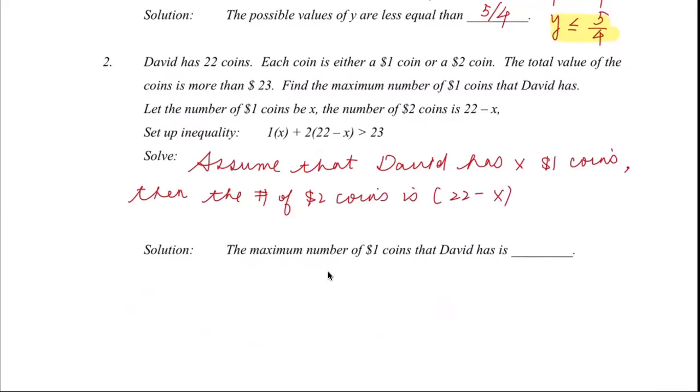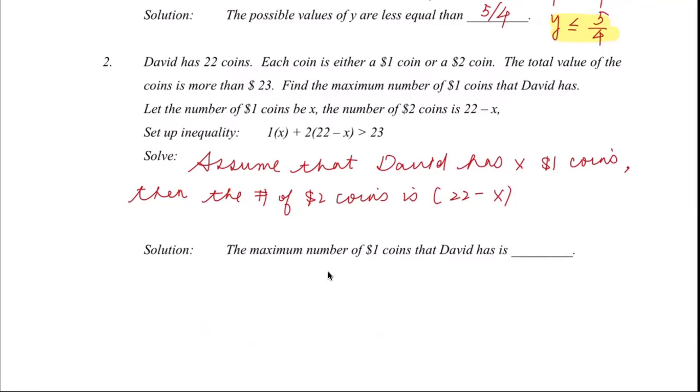Each $2 coin represents $2. And the question says the total value of the coins is more than $23, right? So the value of X $1 coins plus the value of 22 minus X $2 coins is more than $23. How do we write this inequality?